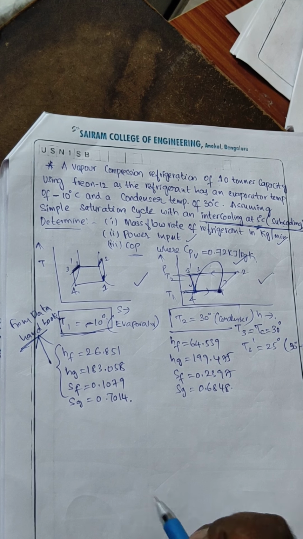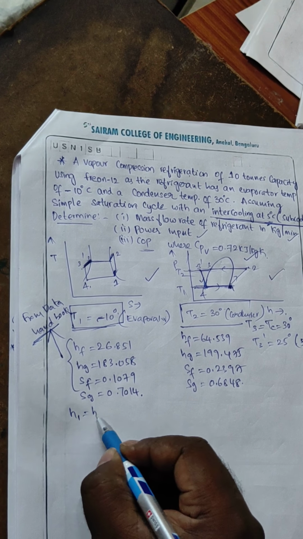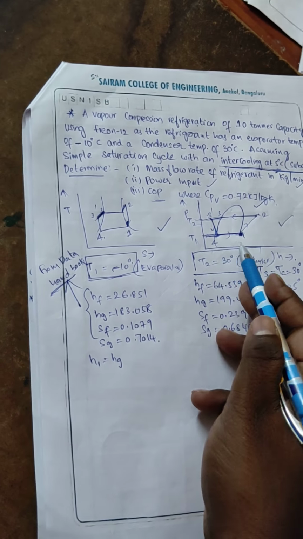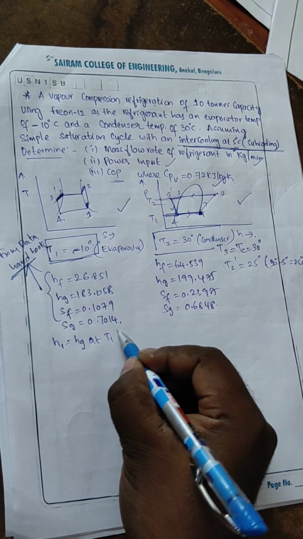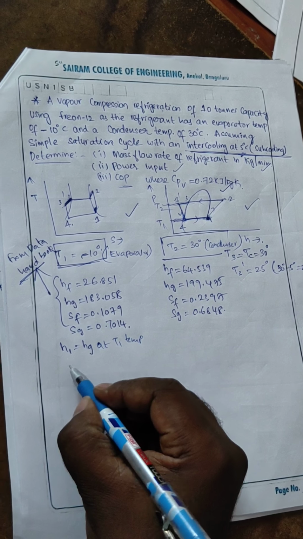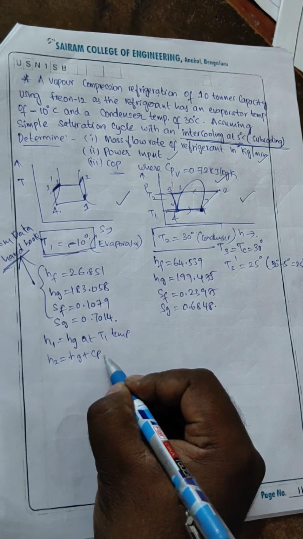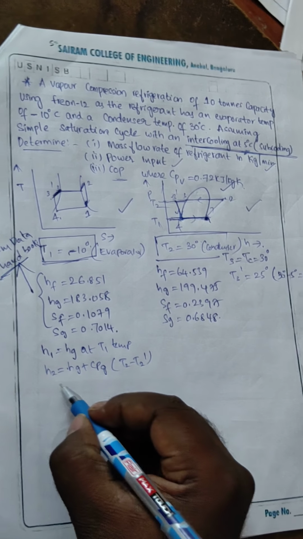H1 is equal to Hg at the evaporator temperature T1. H2 is equal to Hg plus Cpg into T2 minus T2 dash.